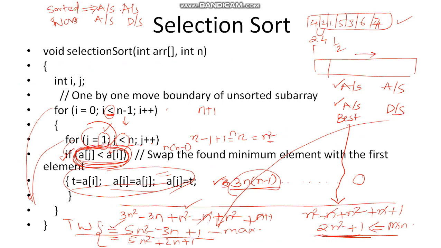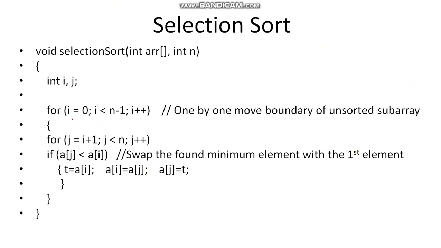What are the changes? Here you can observe that I started with j is equal to 1, and here the outer for loop is as it is. Now here it is less than or equal to n plus 1, and I am changing the inner loop to start from i plus 1. Because after the first pass, if you have 5 elements, let us say 4, 2, 1, 9, 3, the first element will be at the appropriate position.